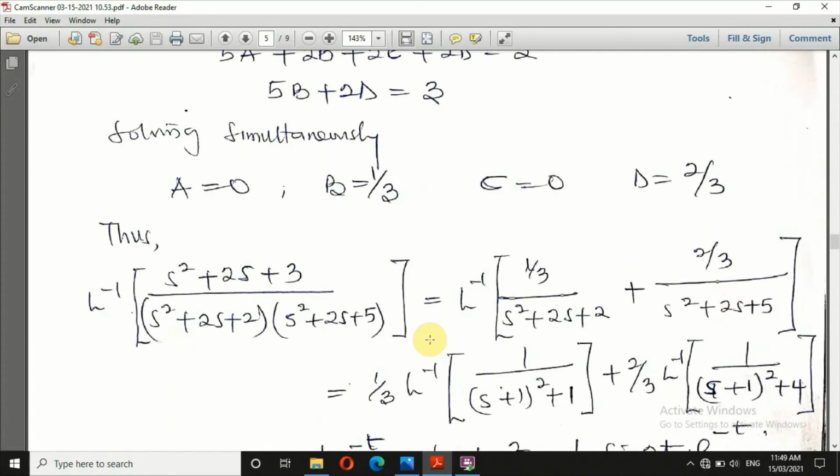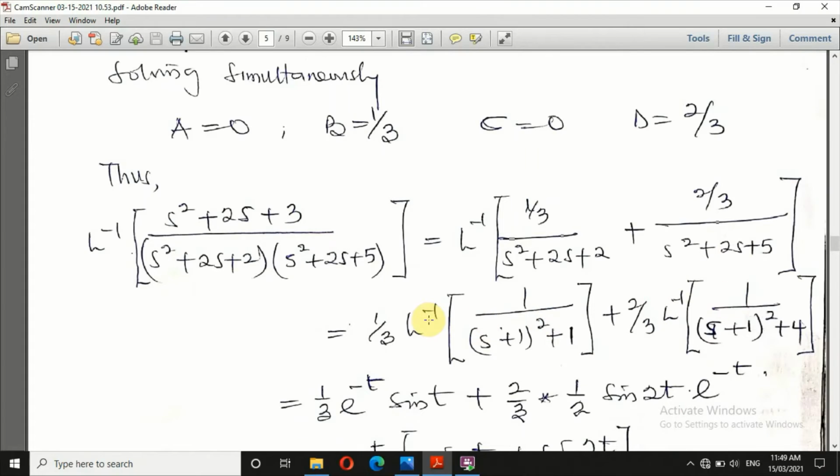Now let's return it back to the problem. You can say that the Laplace inverse of this problem is the same thing as the Laplace inverse of 1 over 3 times ax plus b over the first factor, then plus 2 over 3 divided by the second factor. So you now find the inverse of this. 1 over 3 will come outside, and then from here, look at what I've done.